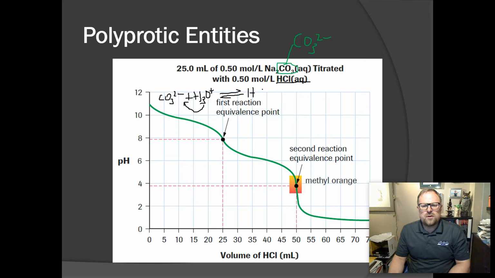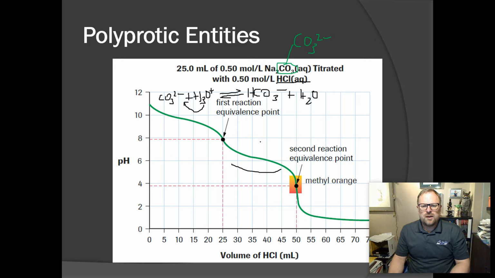And the carbonate ions are becoming hydrogen carbonate ions, and the hydrochloric acid, the hydronium ions, are becoming water. What's going to happen, though, is eventually all of these guys are going to disappear. And at that point, when we've used up the very last one of the carbonate ions, we've hit our equivalence point.